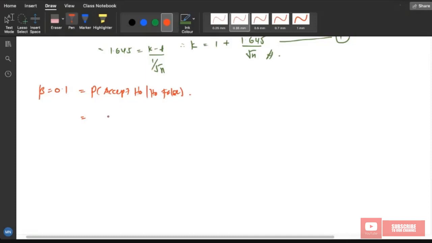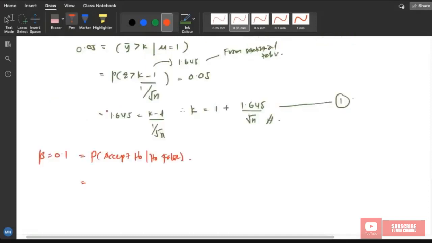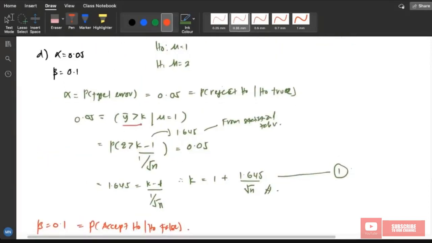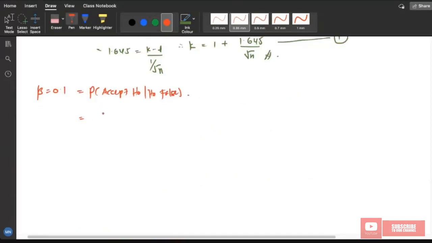So the probability of accepting the null hypothesis. So this is rejecting null hypothesis. The current critical region, y bar is less than k. So then we can accept null hypothesis when mu is equal to 2. So this is 0.1. Right. By looking at the statistical table, 0.1 should be equal to 1.28.